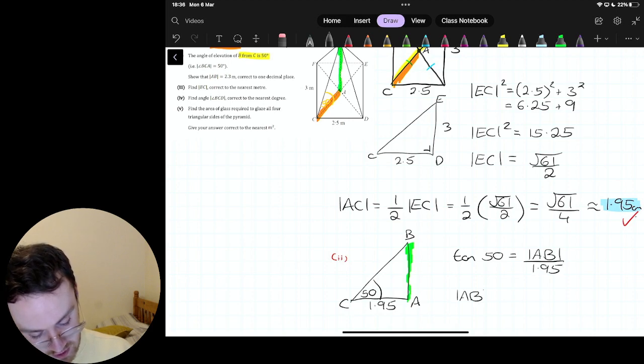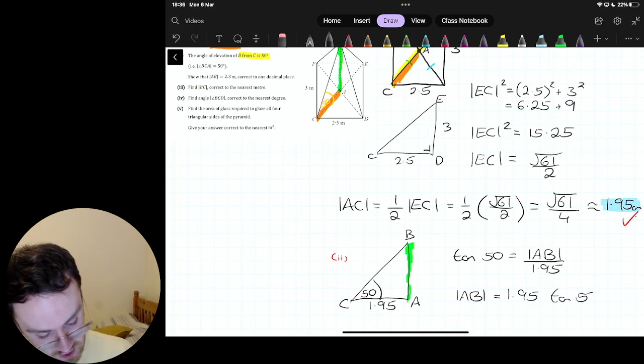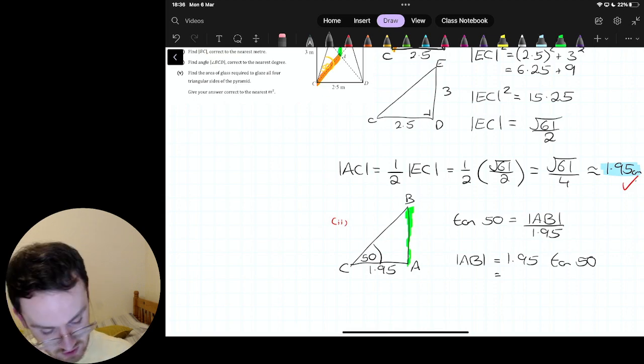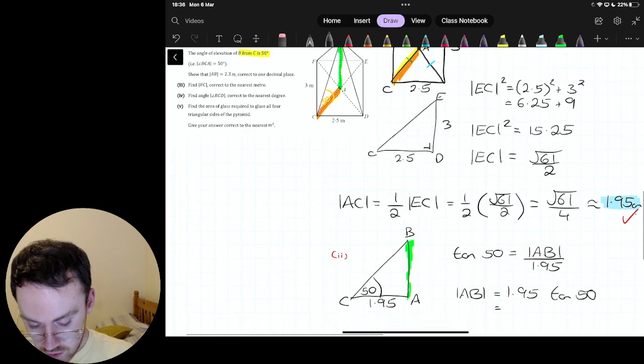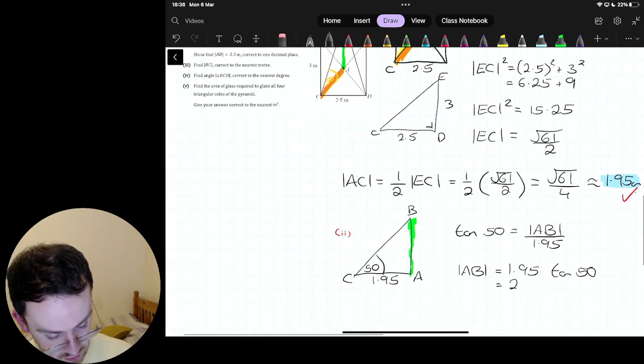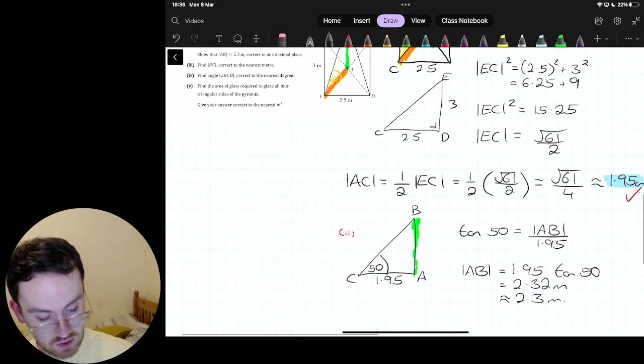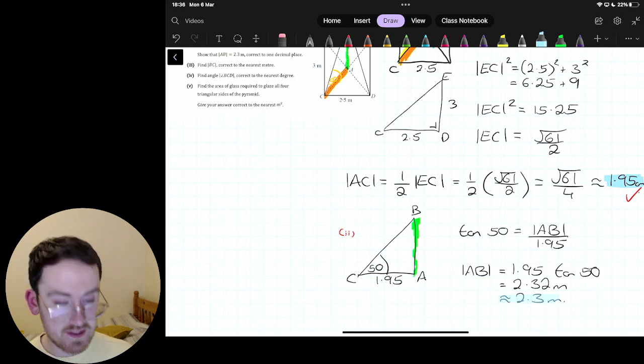So AB is 1.95 tan 50. And continuing on, we get an answer of 2.32. And to one decimal place, that's going to round to 2.3 meters, which is, of course, the answer that we were asked to show.